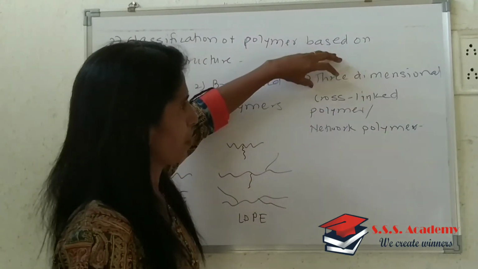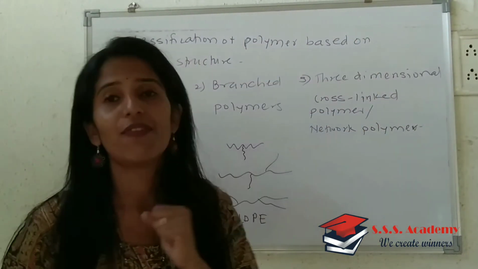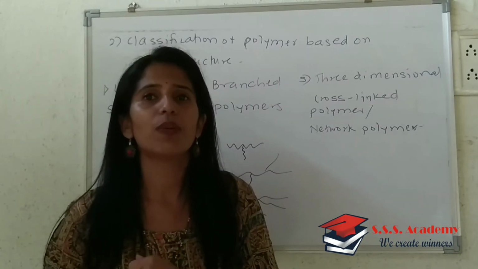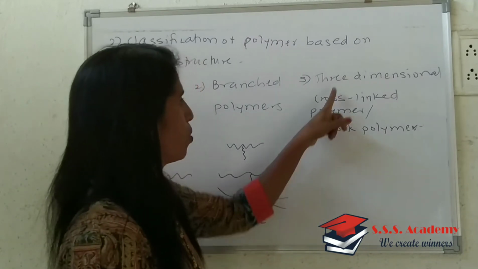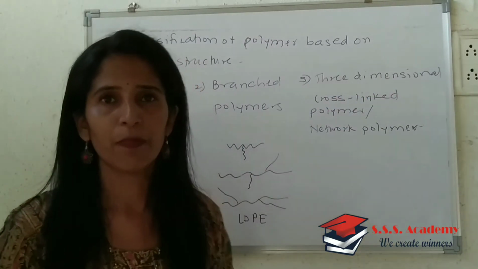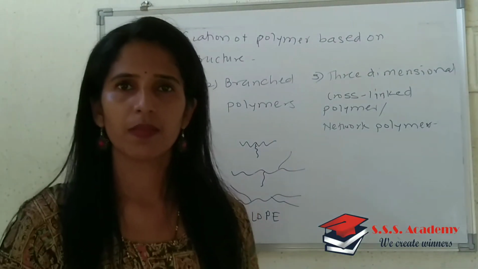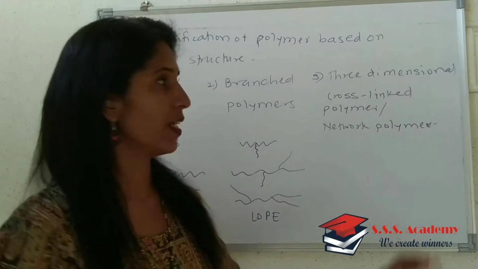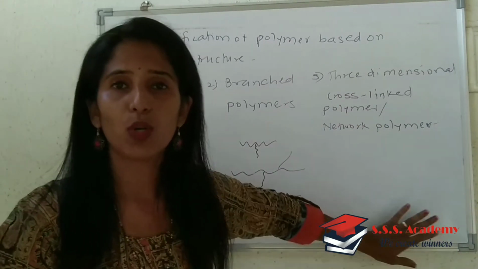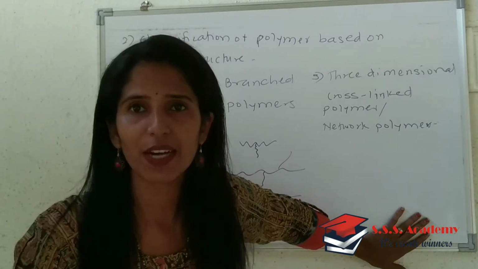So for formation of 3-dimensional cross-link polymer or network polymer, functionality must be higher, and that's why polyfunctional monomer units are required in order to have formation of cross-link polymer or network polymer. So as far as the 3-dimensional cross-link network polymers are concerned, monomers are said to possess higher functionality, or they must be polyfunctional.